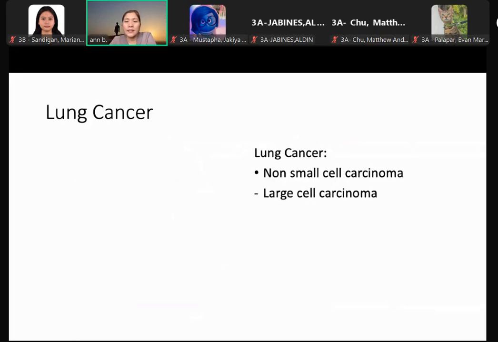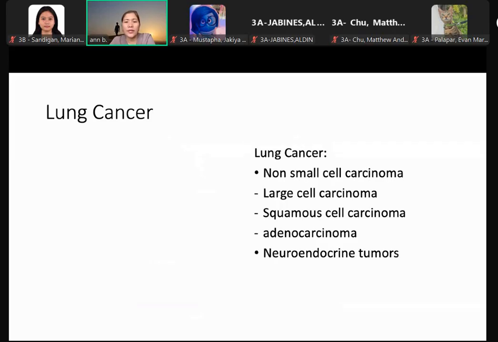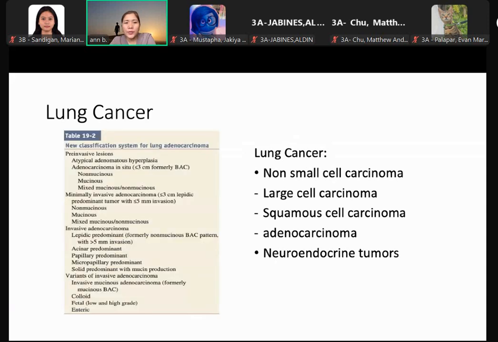Lung cancer is either non-small cell carcinoma or small cell carcinoma. If you say non-small cell, the types are large cell, squamous cell, and adenocarcinoma. When you say neuroendocrine tumors, we also have here the new classification system for lung.